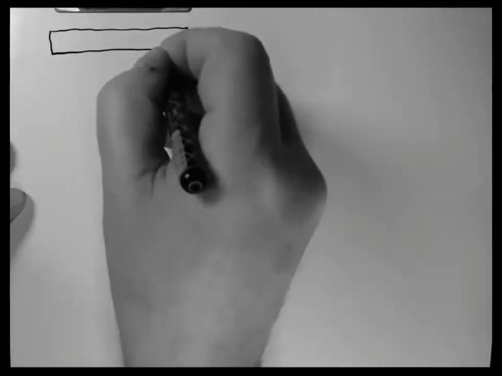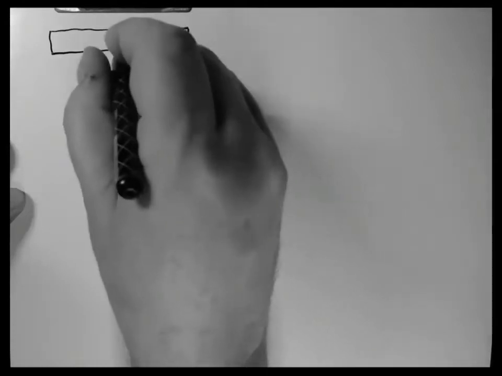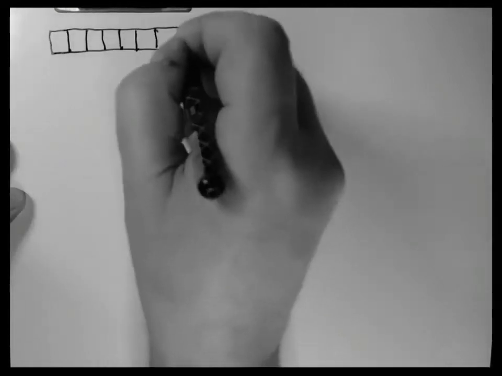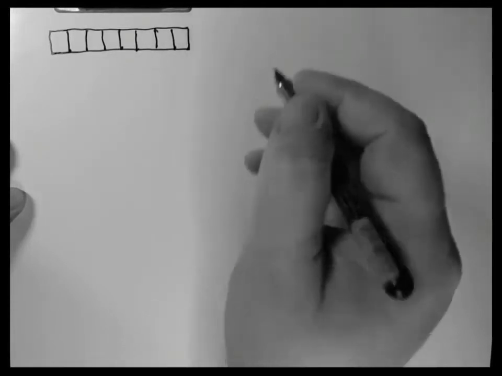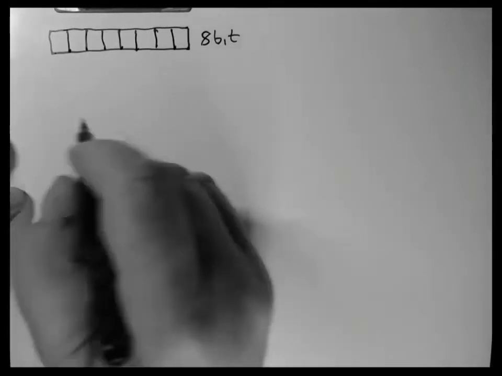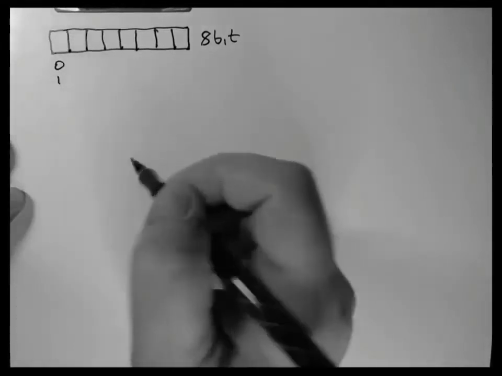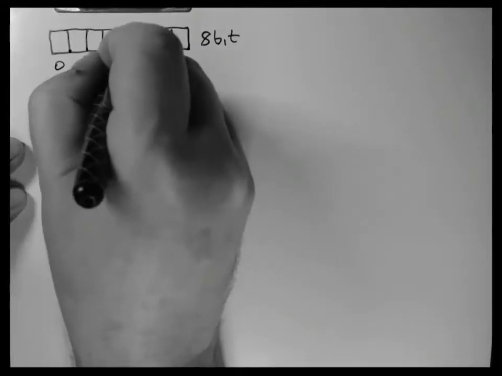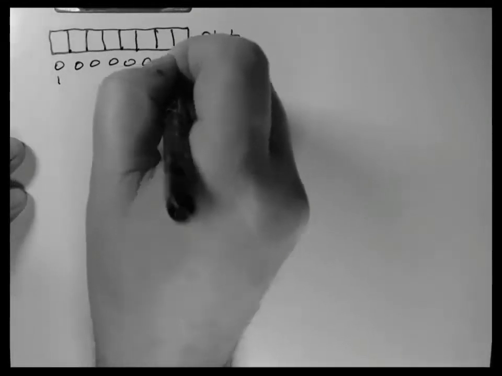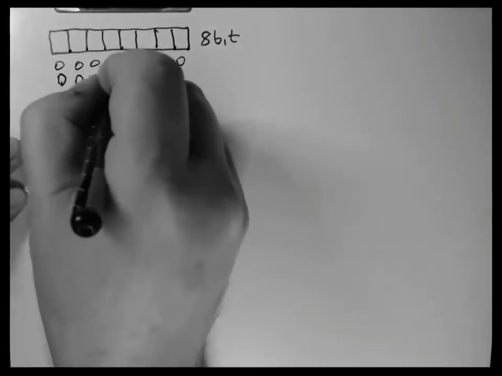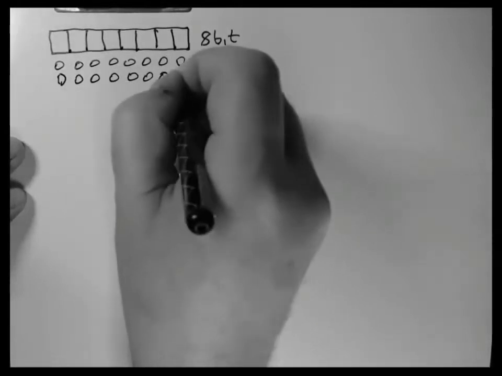A byte is binary information that could be placed in this kind of placeholder, which has small placeholders for 8 bits, and each bit of this byte could be either 0 or 1. So the byte will start with 0 0 0 0 0 0 0 0. Then it will be 0 0 0 0 0 0 0 1.